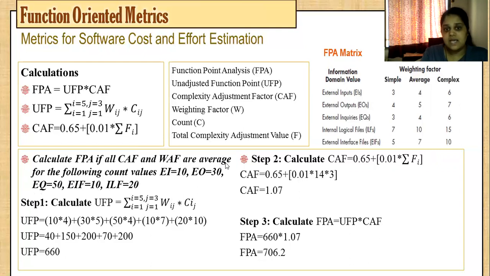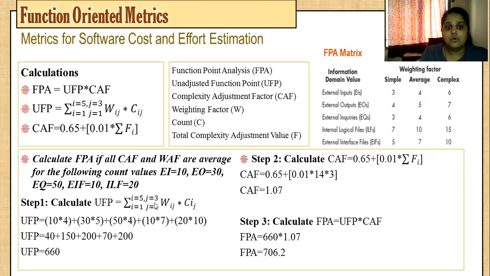And they are saying that they are average. So you are supposed to take this particular column. If they tell you that the weights are simple, you should have taken this column. If they tell you they are complex, you should have taken this column. But here when they have specified they are average, you are supposed to take the middle column.